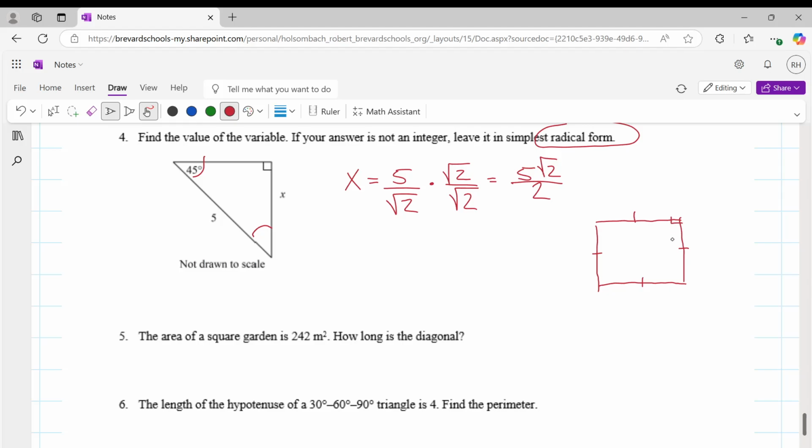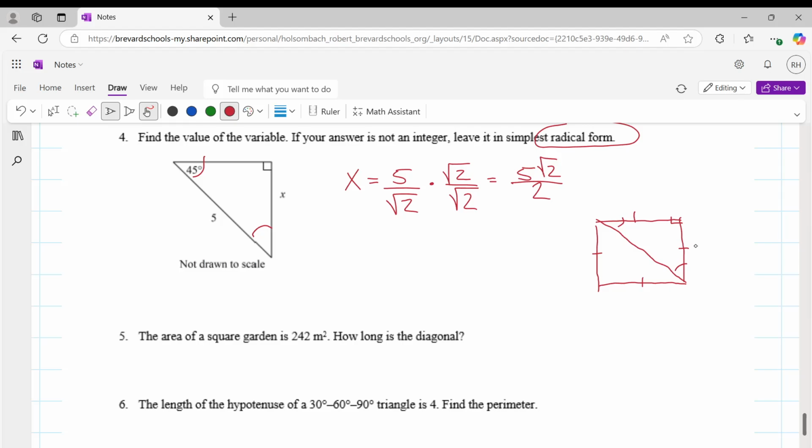All the angles are 90. A diagonal connects two non-consecutive vertices. So this diagonal created a 45, 45, 90 right triangle. Two of them, actually.